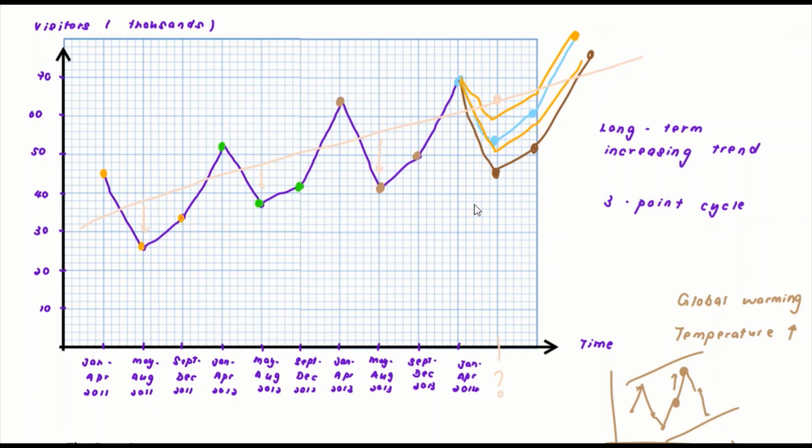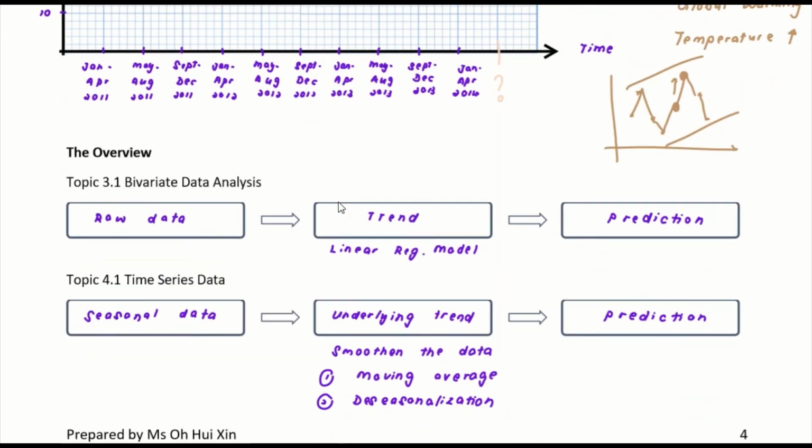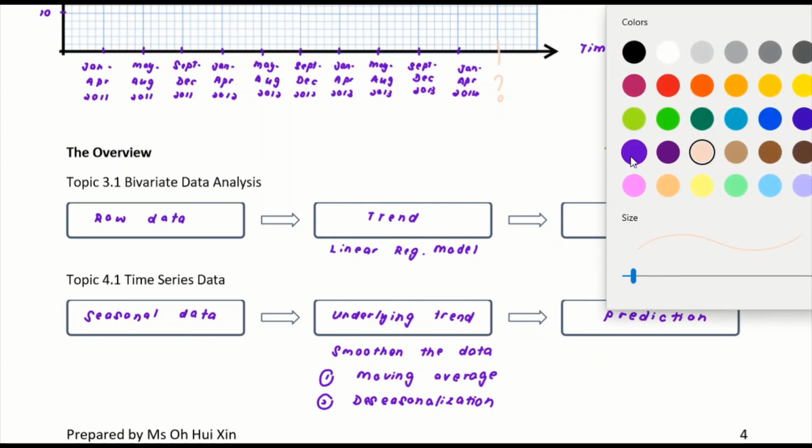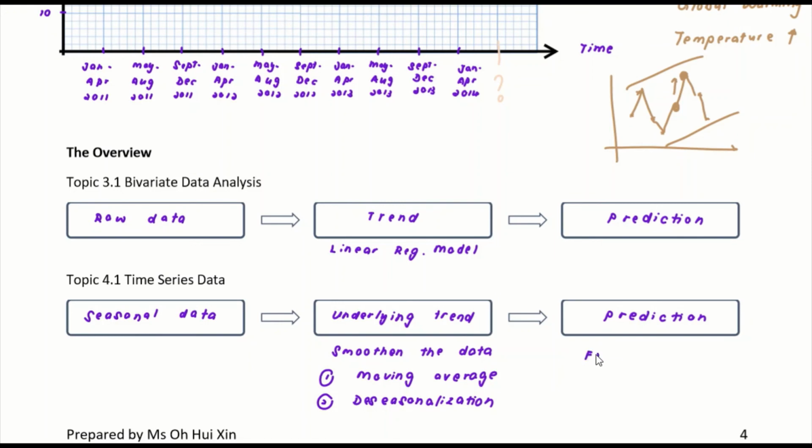So when I try to do my prediction, I need to take into consideration what is going to happen for that particular season as well. So when we are trying to do the prediction here, we need to factor in the seasonal effect.